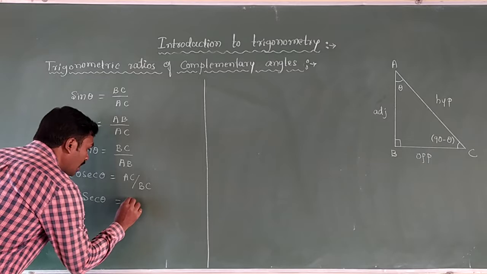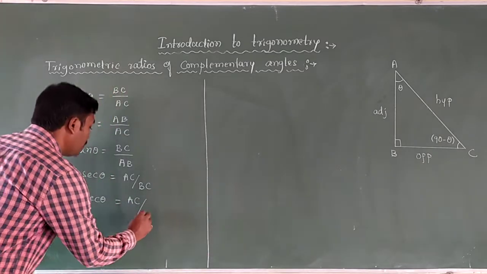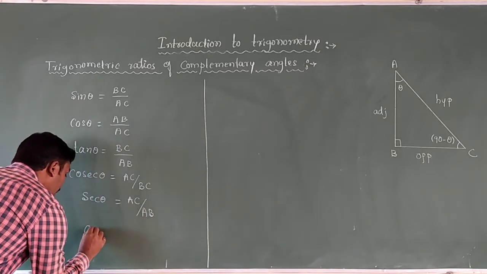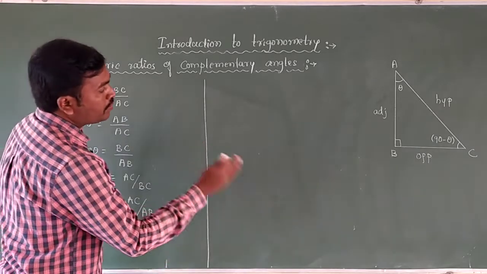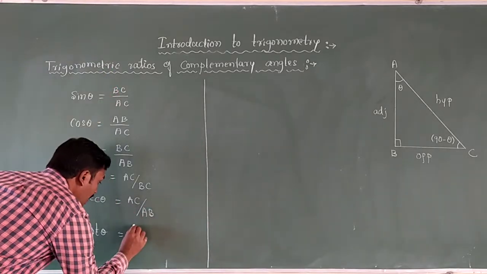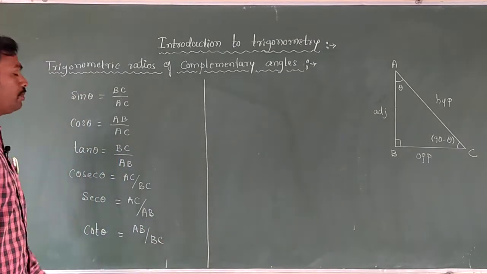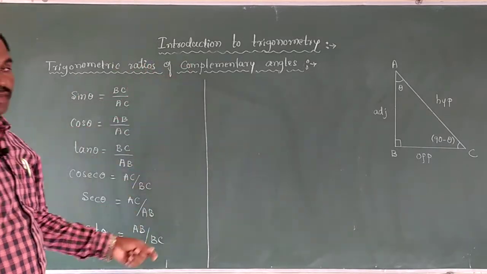Sec theta is hypotenuse AC divided by adjacent, that is AB. And cot theta is adjacent by opposite, that is AB by BC.